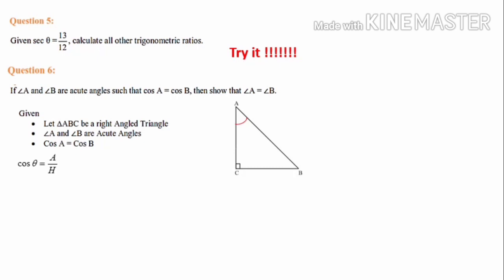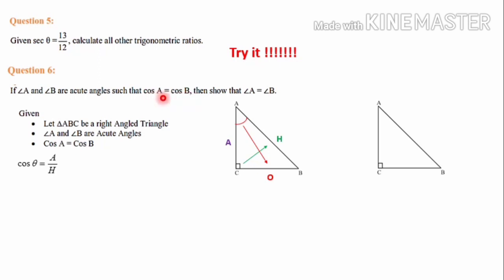Let's visualize the diagram. ABC is a right angle triangle, and here angle A is acute, B is also acute, and C is 90 degrees. Then go for labeling H, O and A. Then one more triangle we have to draw because cos A and cos B are given to you.